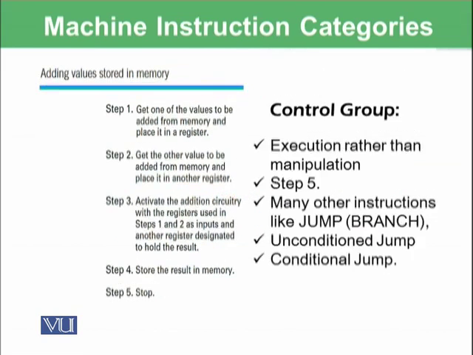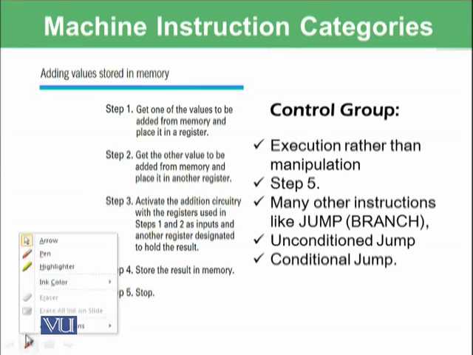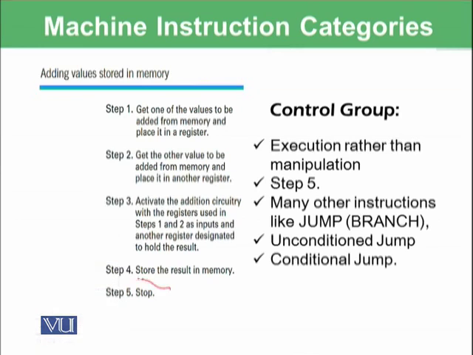Then there is a third group known as the control group, which concerns execution rather than manipulation. It is basically the overall in charge of the CPU, telling it what needs to be done at what time. For example, in the algorithm we learned previously, the step stop is a control group instruction.